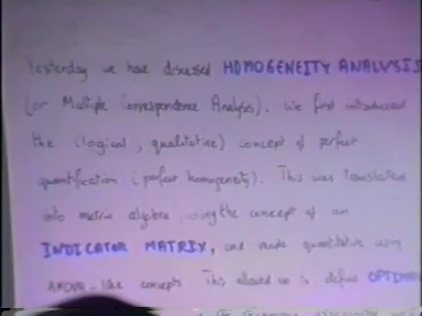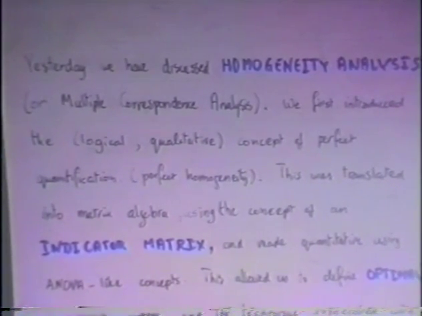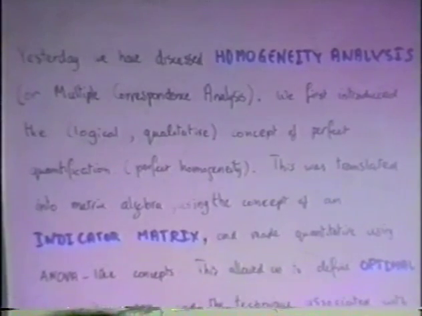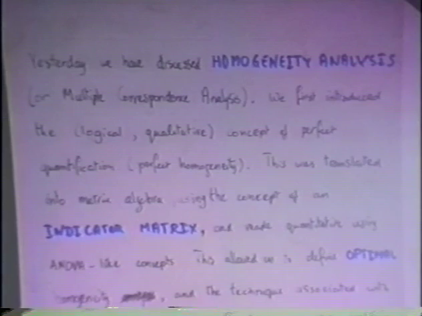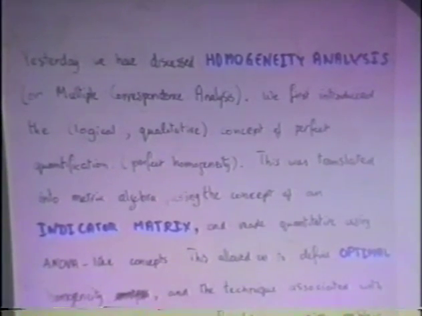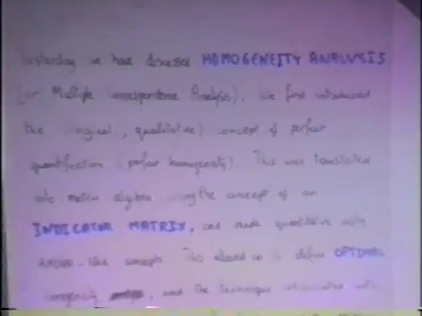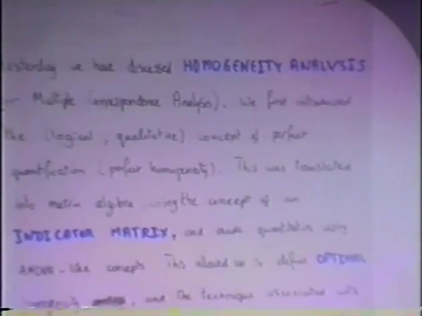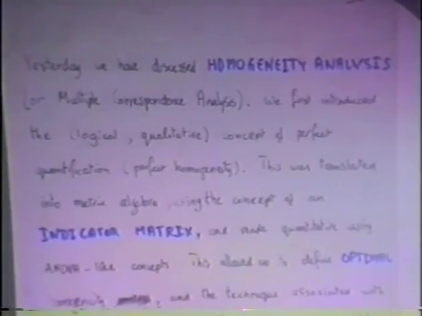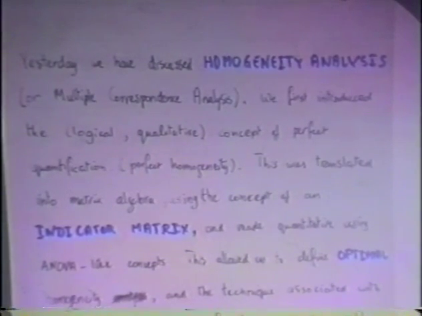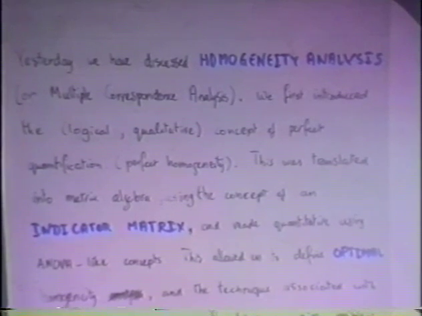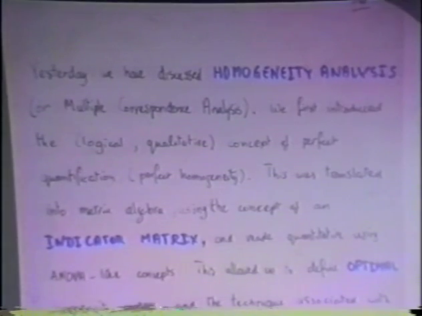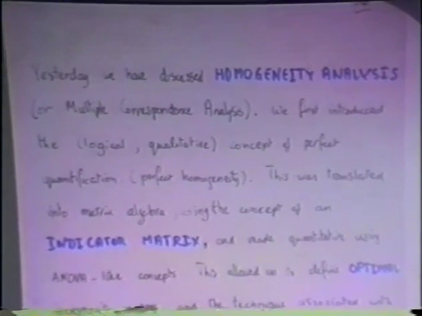And it was made quantitative by using analysis of variance type terminology, between and within, correlation ratios, sums of squares, those concepts. Those concepts made it possible for us to define optimal homogeneity and optimal quantification instead of perfect homogeneity and perfect quantification. The technique associated with this definition of optimality was homogeneity analysis.